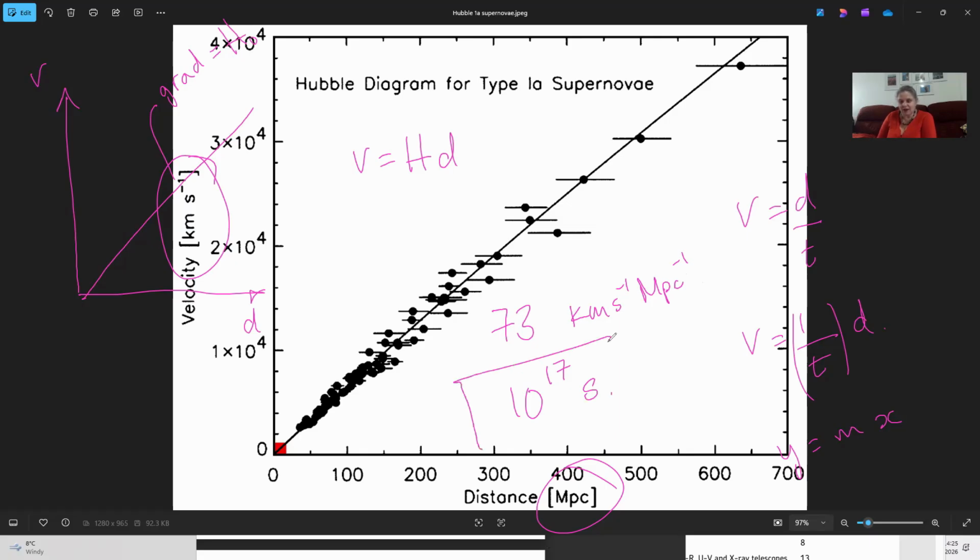Okay, which is about 13.5 billion years. Okay, so it doesn't seem like lots when it's 10 to the 17 seconds, does it? But yeah, it's a long time. Okay, so this is Hubble's law, and it gives us the age of the universe, which of course is kind of cool.